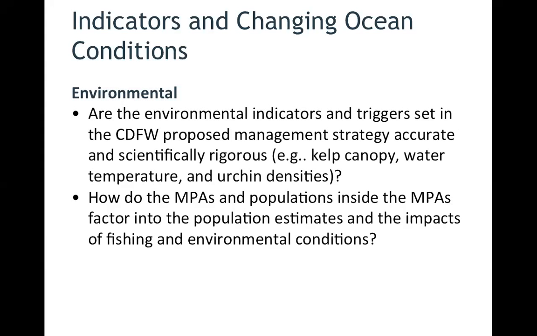It's working. Hi, this is Jocelyn Enavoldson, and the first question on the slide here is one that I was really interested in. Of course, the environmental indicators in the face of changing ocean conditions of kelp, both historical and current kelp density, sea surface temperature, and urchin densities.